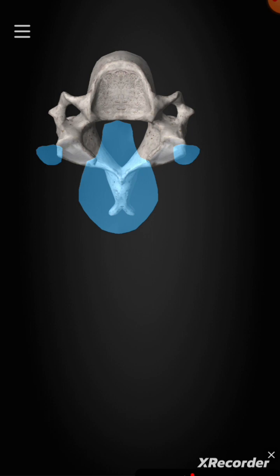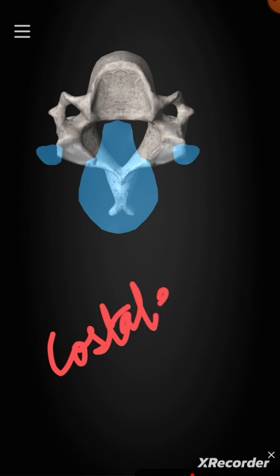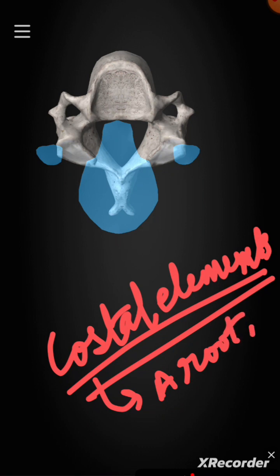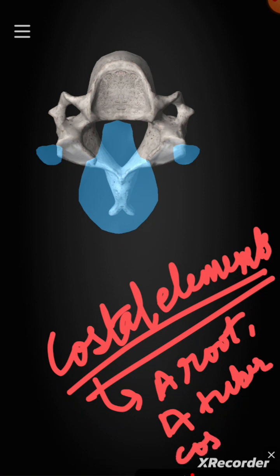Now, which elements represent the costal element? The costal element is formed by the anterior root, anterior tubercle, costo-transverse bar, and posterior tubercle.